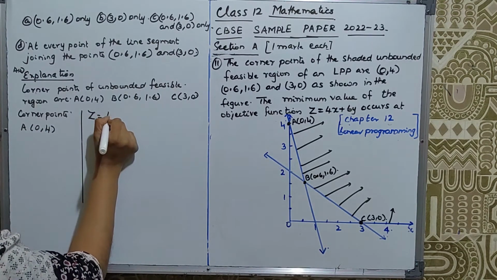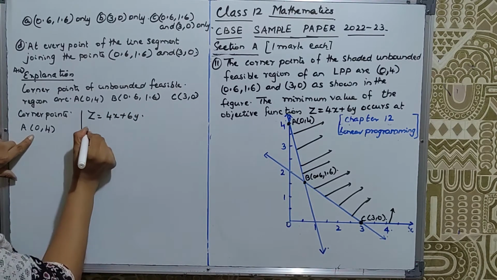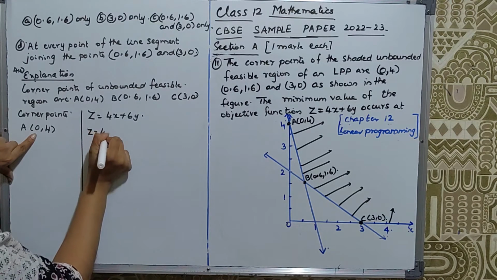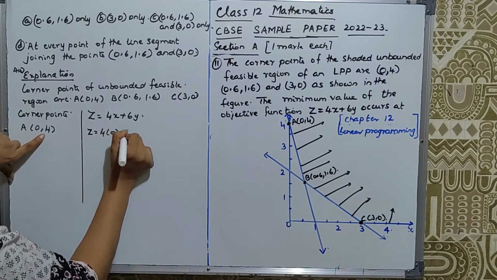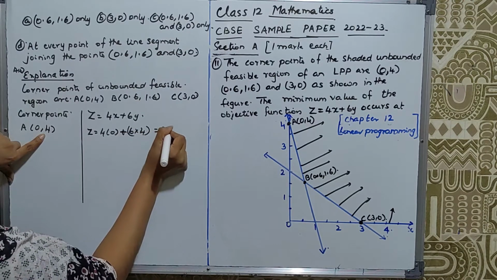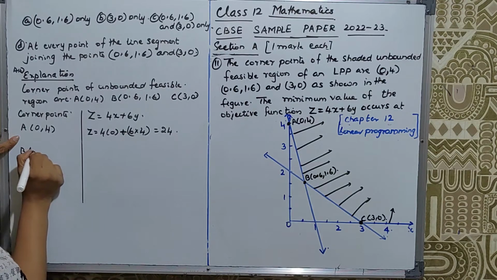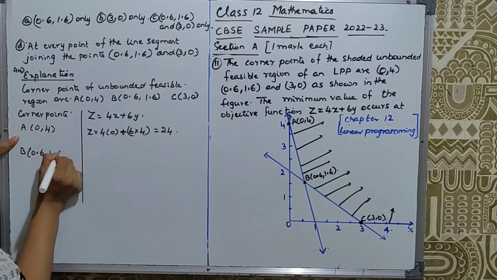Z value is 4x plus 6y. So x equal to 0, Z will be 4 into 0 plus 6 into 4, equal to 0 plus 24, equal to 24. Next, B (0.6, 1.6).